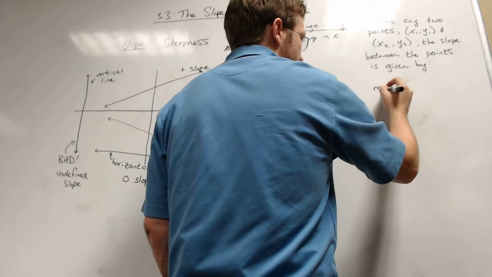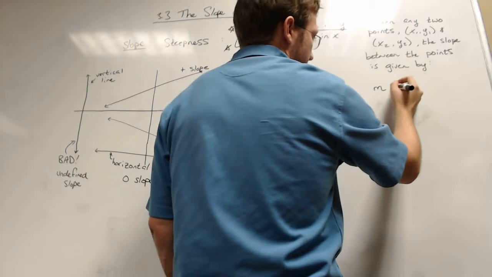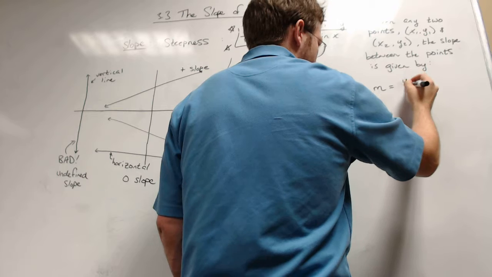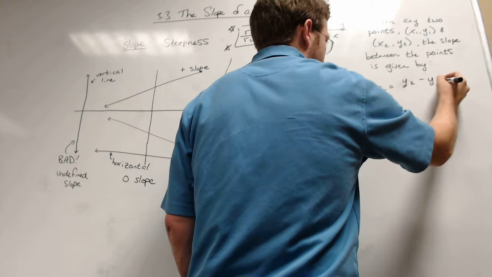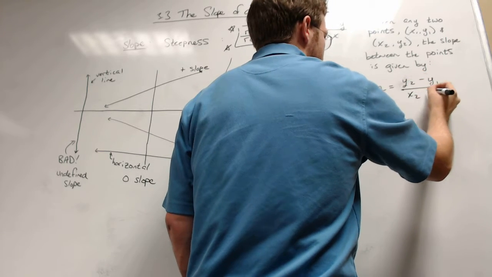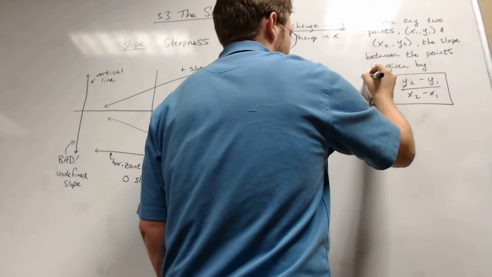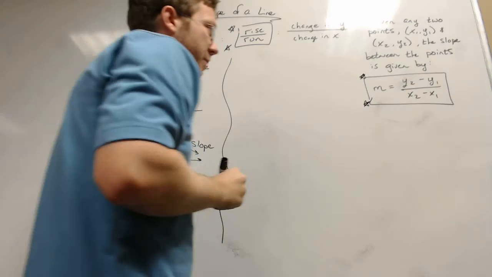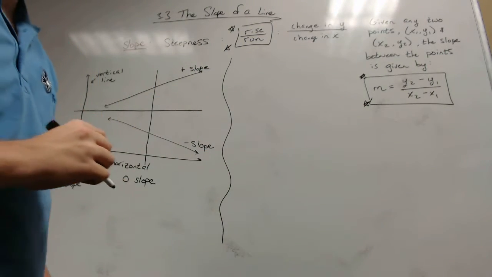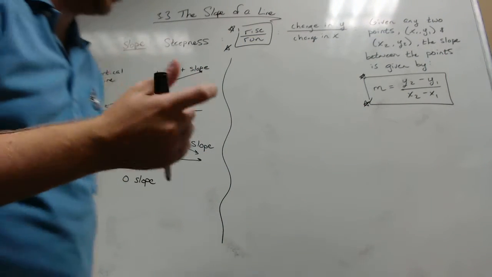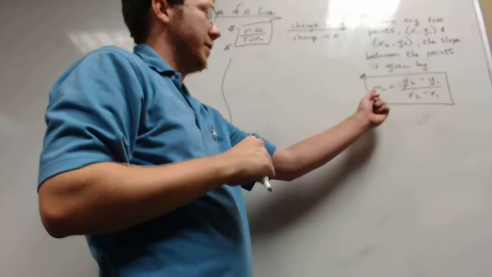It's m, that's our symbol for slope, equals (y2 minus y1) over (x2 minus x1). So this is going to be another very important way to characterize slope. This is how we're actually going to find some numbers, or more importantly, a very specific number that tells us what the slope of the line is.